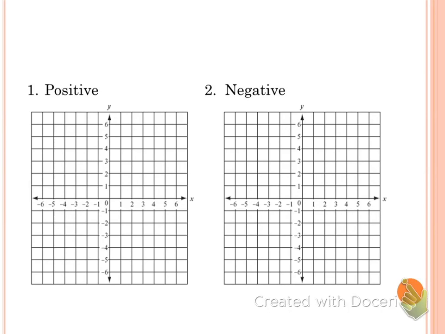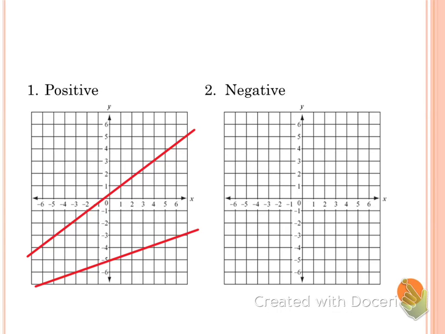A positive slope is going to look like it's going uphill from left to right. You don't have to place it exactly where I place mine. This is just one example. They can have a less steep slope and still be positive.